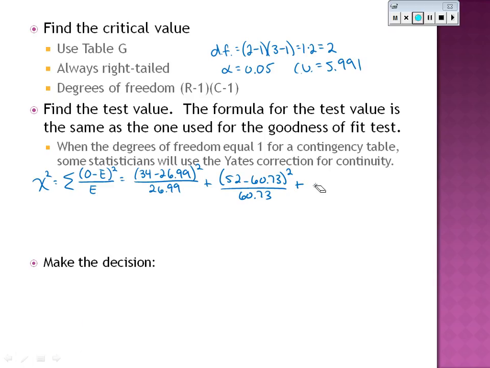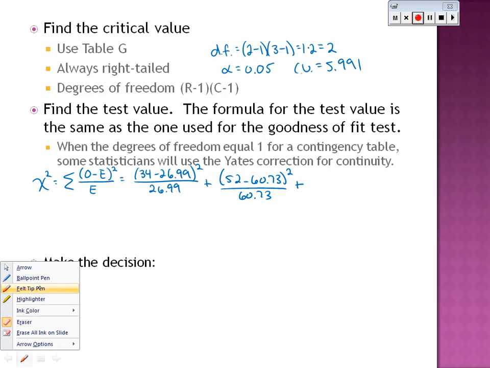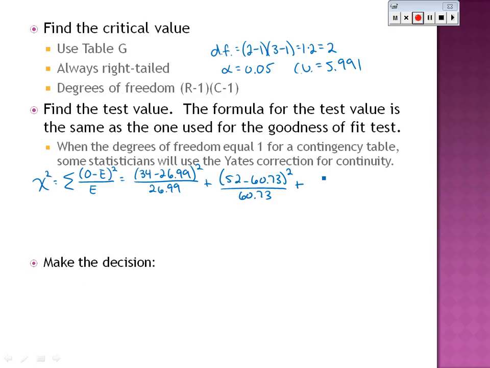I know some of you out there are going to prefer the formula to the calculator, so let me go ahead and finish this out. 23 minus 21.28 quantity squared divided by 21.28.